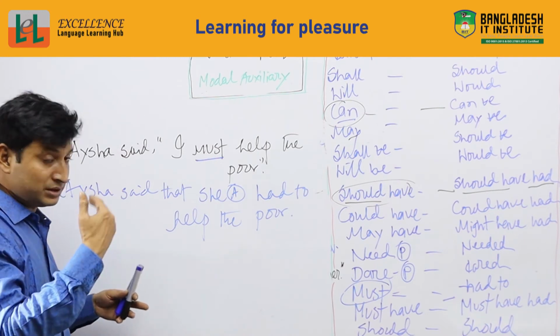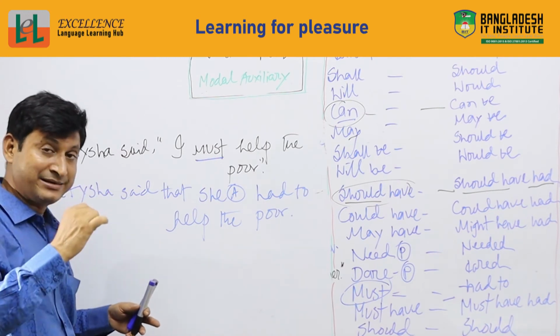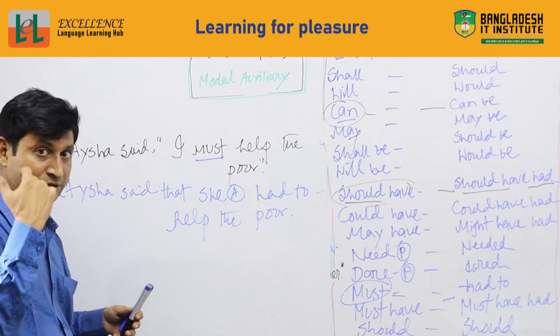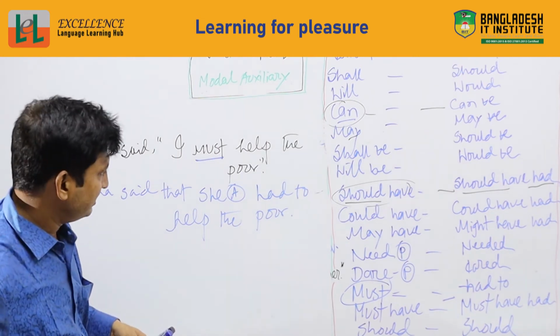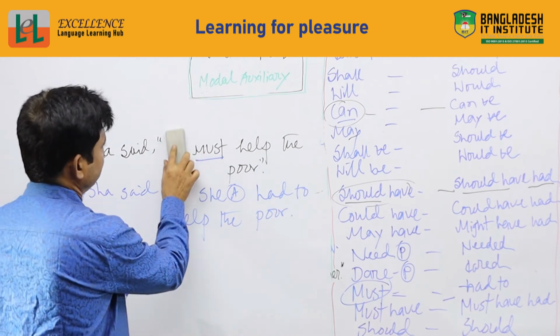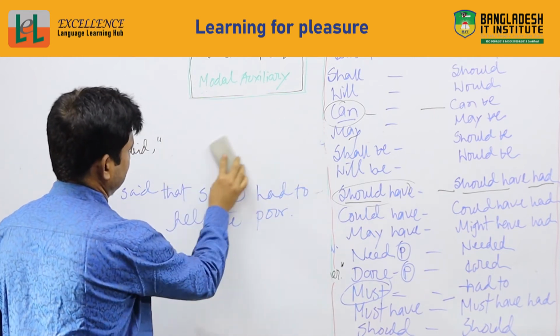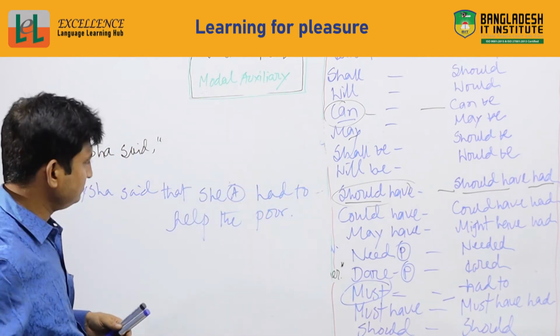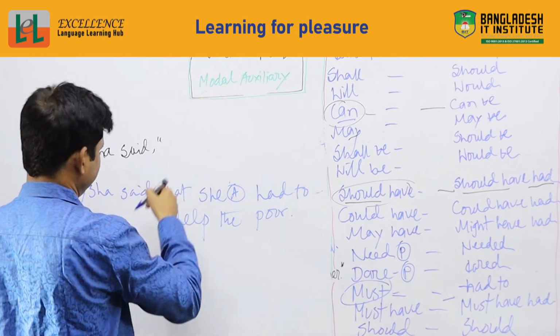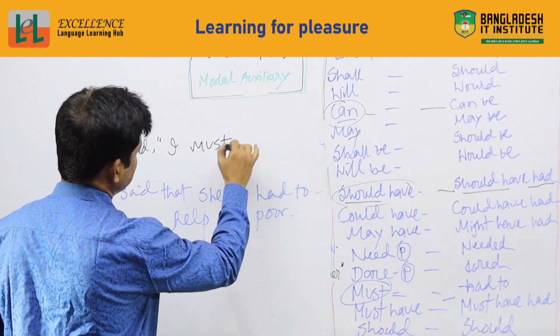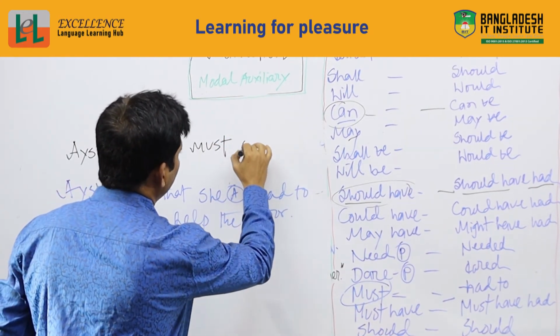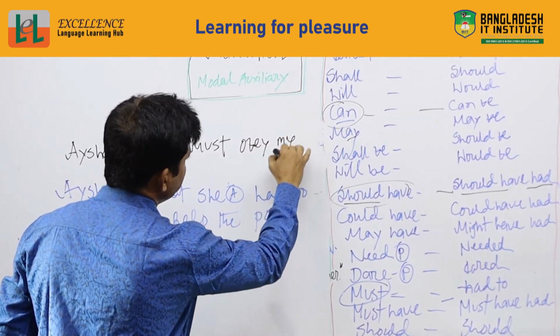But on the other hand, if we get the mandatory, then of course we have to use must in indirect speech. For example, Aisha said, I must obey my parents.